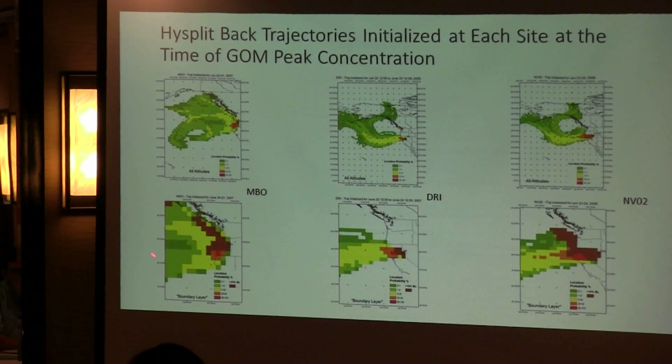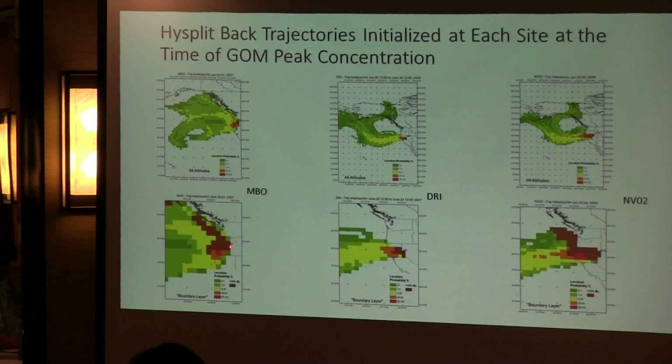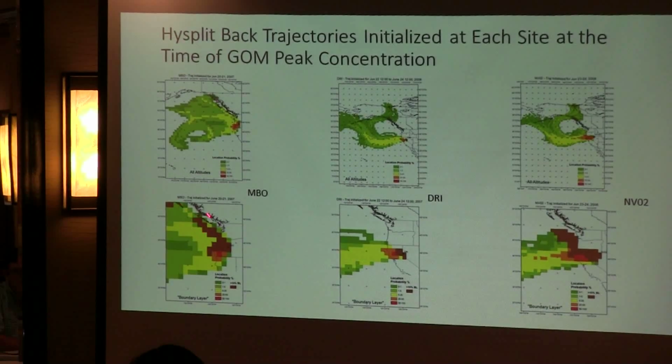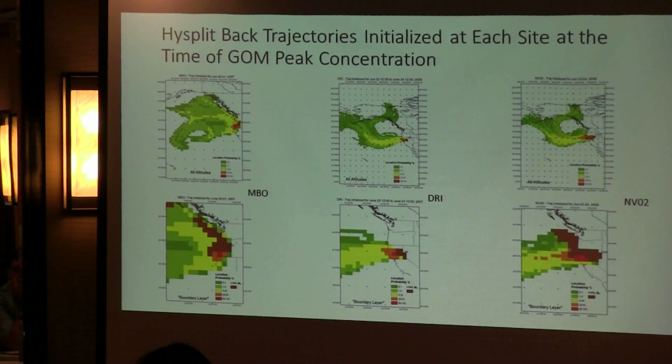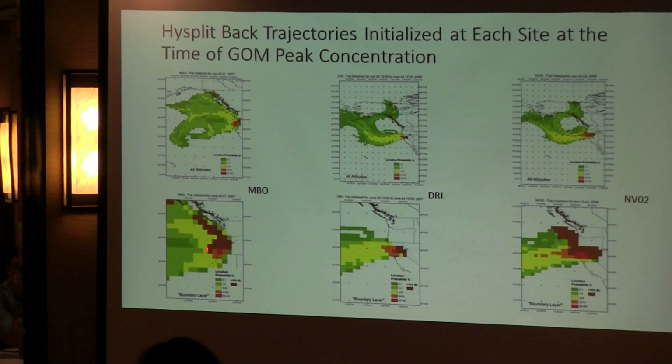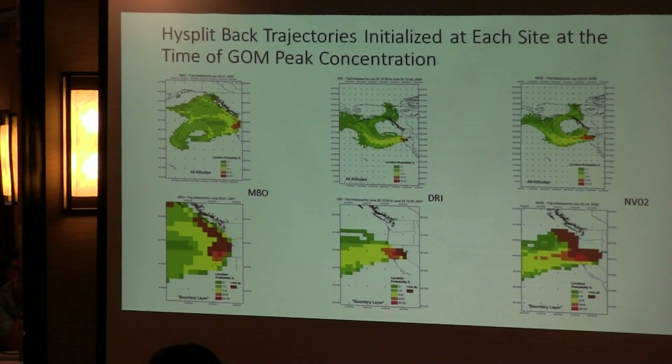And at Mount Bachelor, you can see that this is an airstream that goes off to the north, coming from the marine boundary layer. But there is an airstream that's coming from the south and the west that has a significant probability, greater than 50% probability in that square right there, that represents the descending air from the free troposphere.